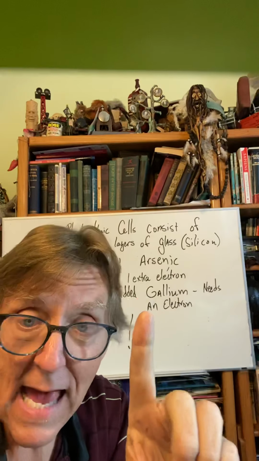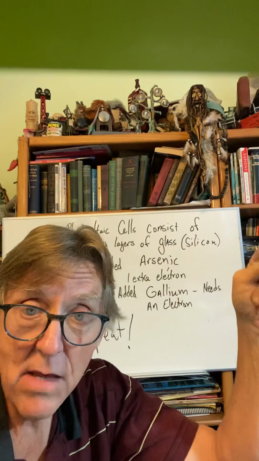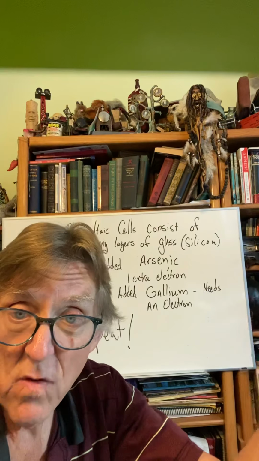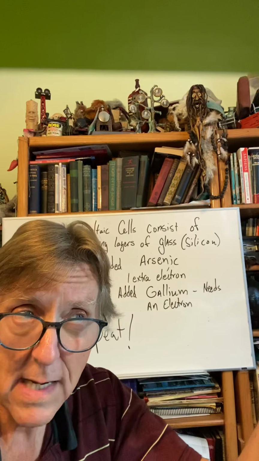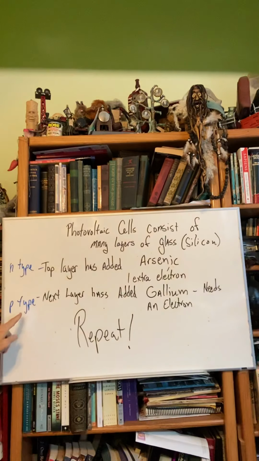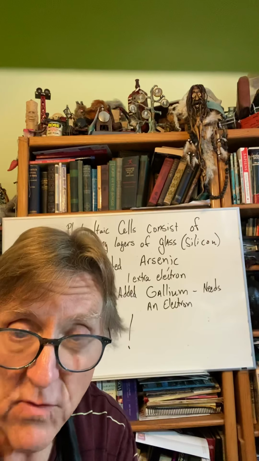And arsenic has an extra electron. And so this electron can easily be excited to a higher energy state so that it can leave the arsenic. So the arsenic gives up an electron, and where does it go? It goes down to the next layer down, where we have doped with something that needs an electron.